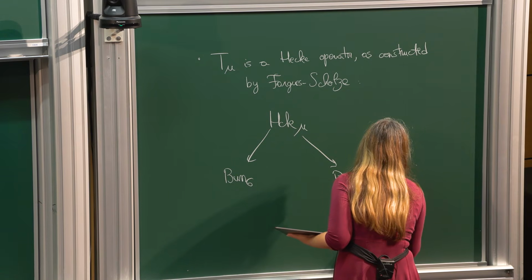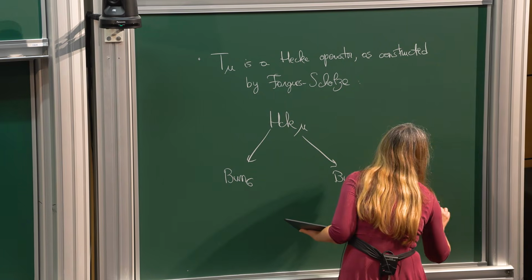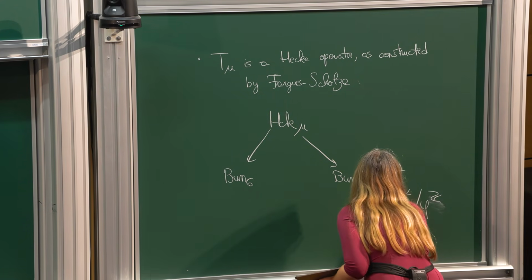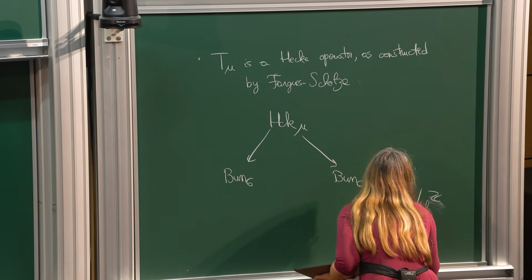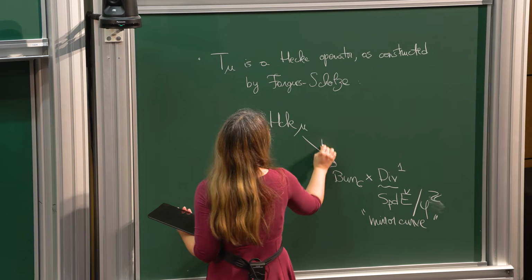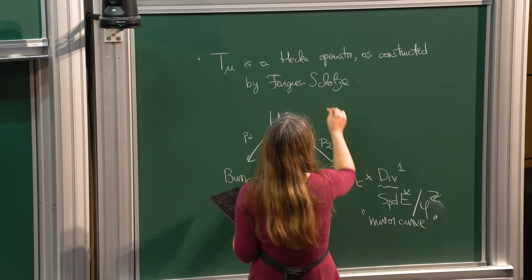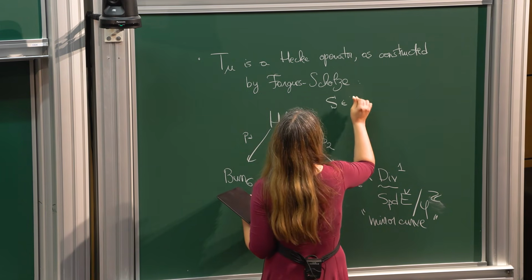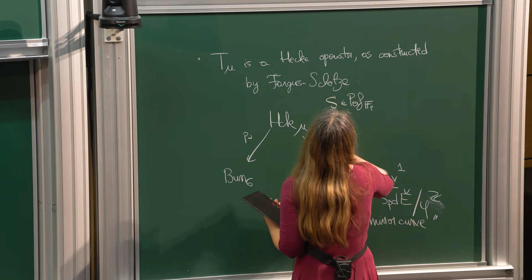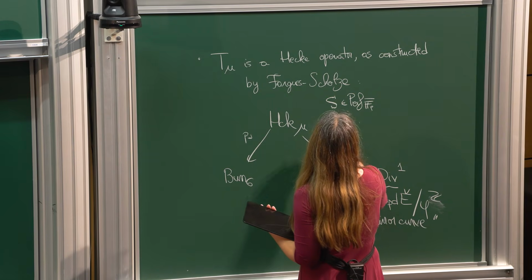So this is Spd of E breve modulo the lift of Frobenius to the Z, the so-called mirror curve. All right, let me say this is p_1 and this is p_2. So for some perfectoid space, maybe I just want to work over F_p bar.